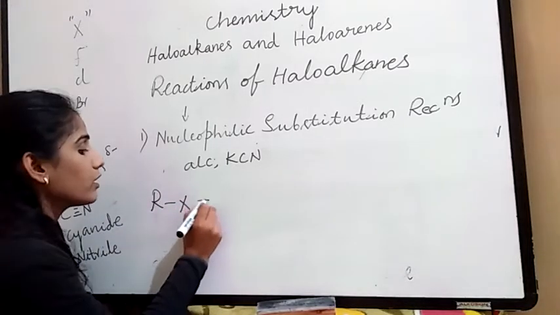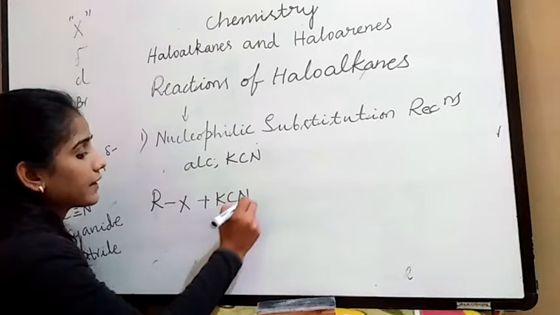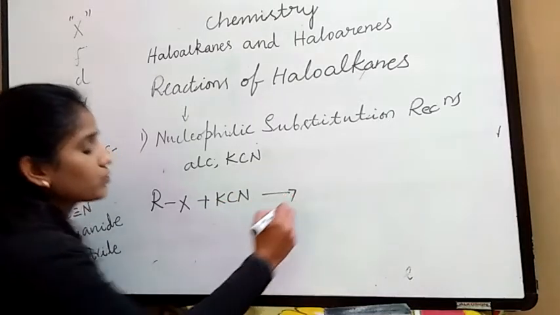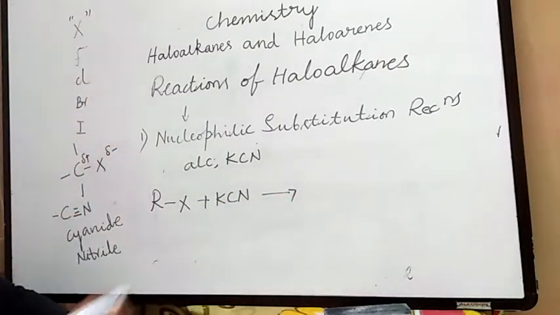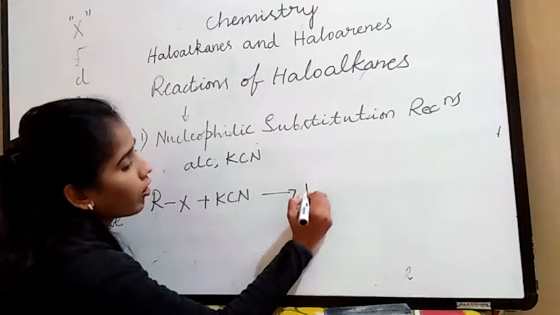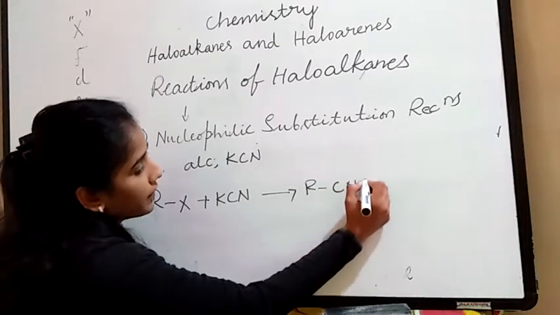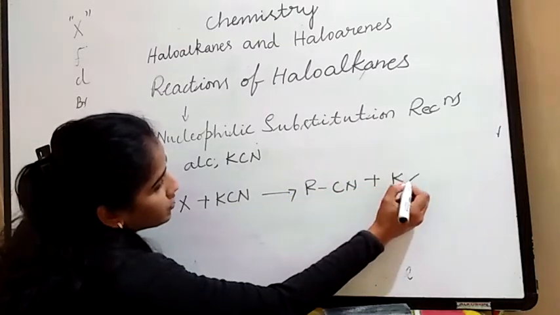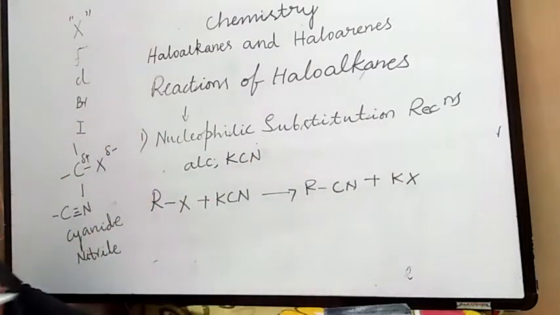Haloalkane reacts with potassium cyanide, giving rise to RCN plus KX, where the nucleophile is cyanide. So cyanides we will get.